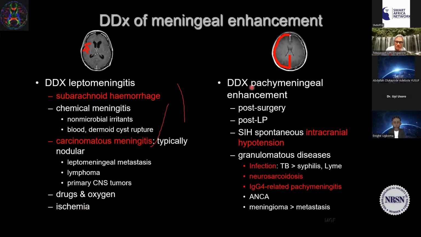The differential diagnosis for pachymeningeal enhancement of this pattern is also very different. Although they can be caused by granulomatous disease, typically TB, focal or diffuse dural enhancement is more often seen in non-infectious inflammatory conditions such as sarcoidosis or IgG4, or meningiomas.